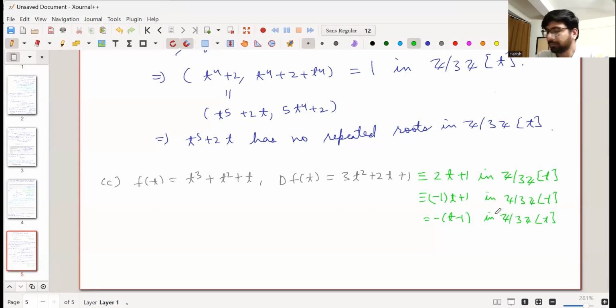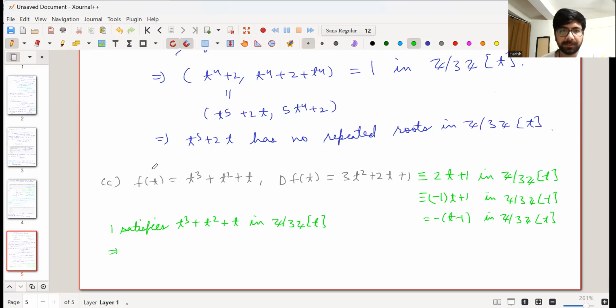Okay. And here also you can check, 1 satisfies this polynomial also. Oh, no. Maybe I'm doing some mistake. Yeah, 1 satisfies, right? Because this is 1 cube plus 1 square plus 1. So this satisfies t^3 + t^2 + t in Z mod 3Z[t].